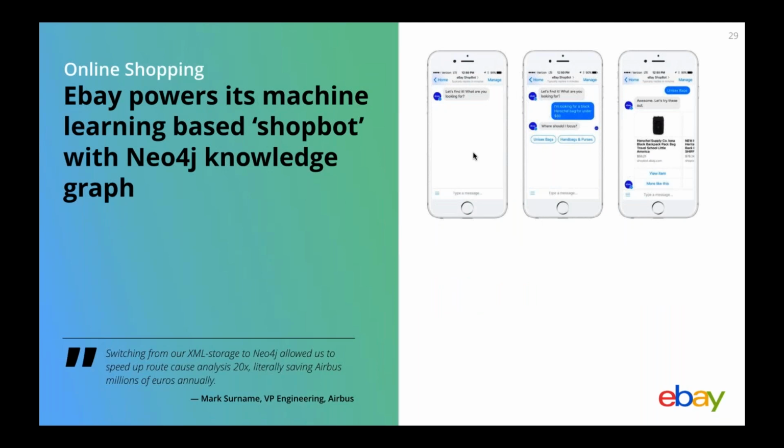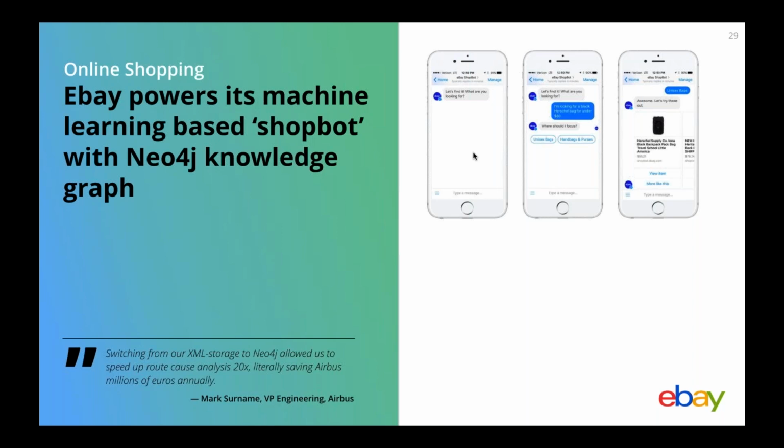So I'm going to quickly take a moment just to talk about a couple of these use cases. The first one that's quite interesting is actually eBay's ShopBot. If you've played with that at all yourself, their goal was really to develop a personal shopping assistant and have this kind of experience where the buyer via text, picture, or voice converses and gets recommendations in a way that feels like almost talking to a friend, as opposed to a computer screen.